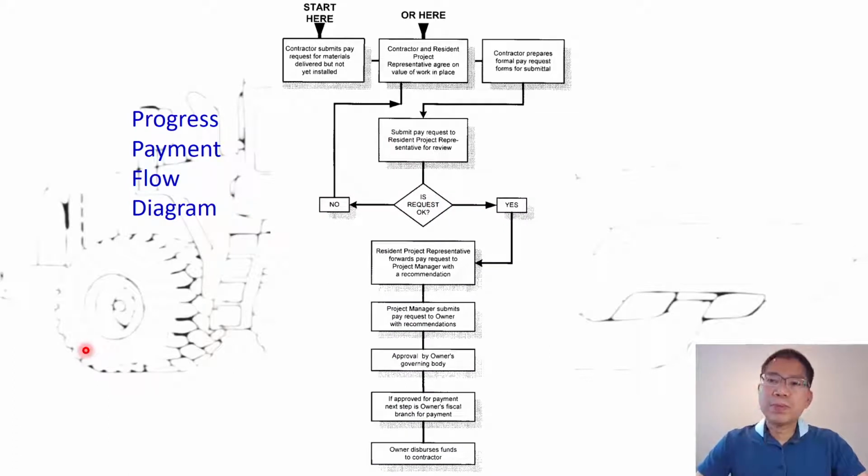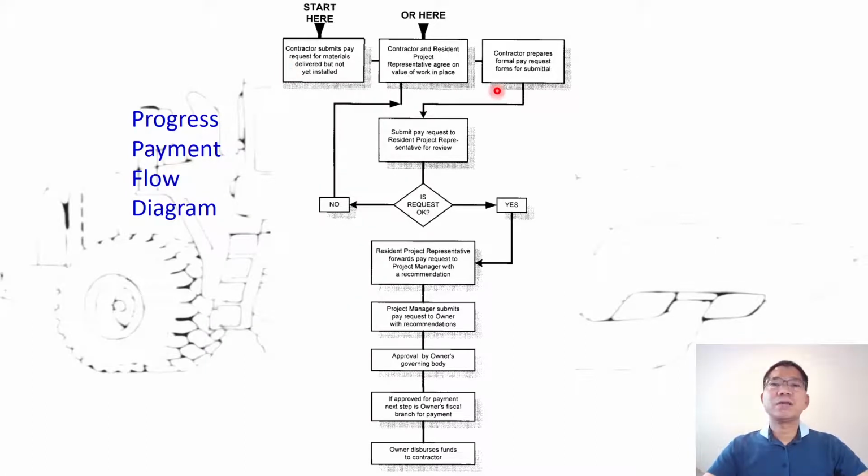So, the progress payment flow diagram, just typical. You see, we start here. The contractor submits the requests for material delivered but not yet installed, like heavy equipment for the project, like air conditioning, things like that. It's not installed in the project, but they can submit requests.